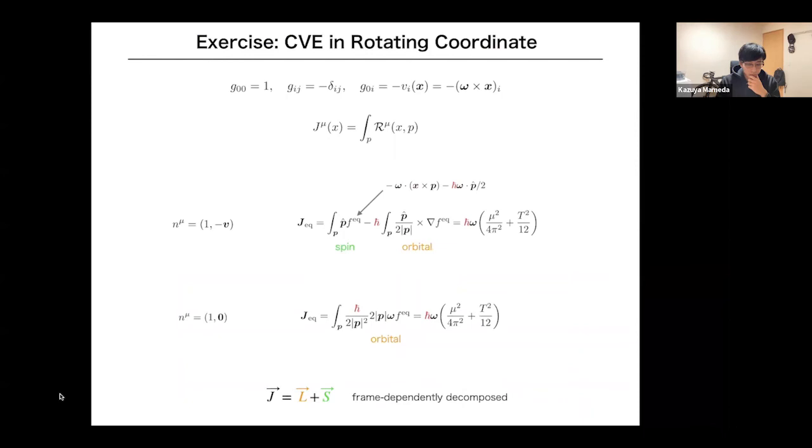So now the whole quantity is described as a quantity in the rotating coordinate first, and this one is the rest frame on the rotating coordinate, right?